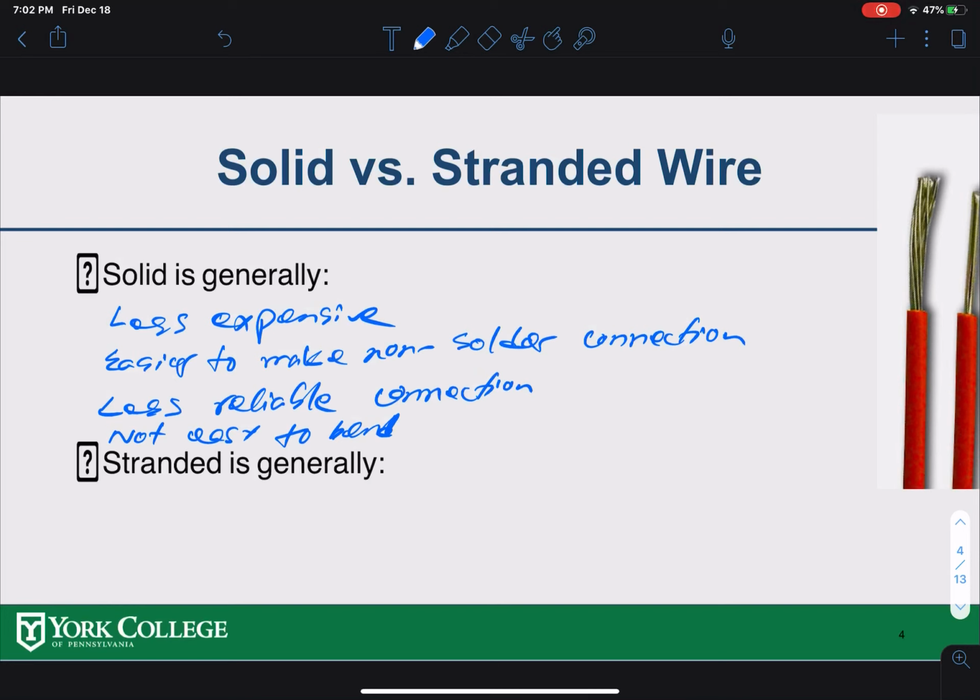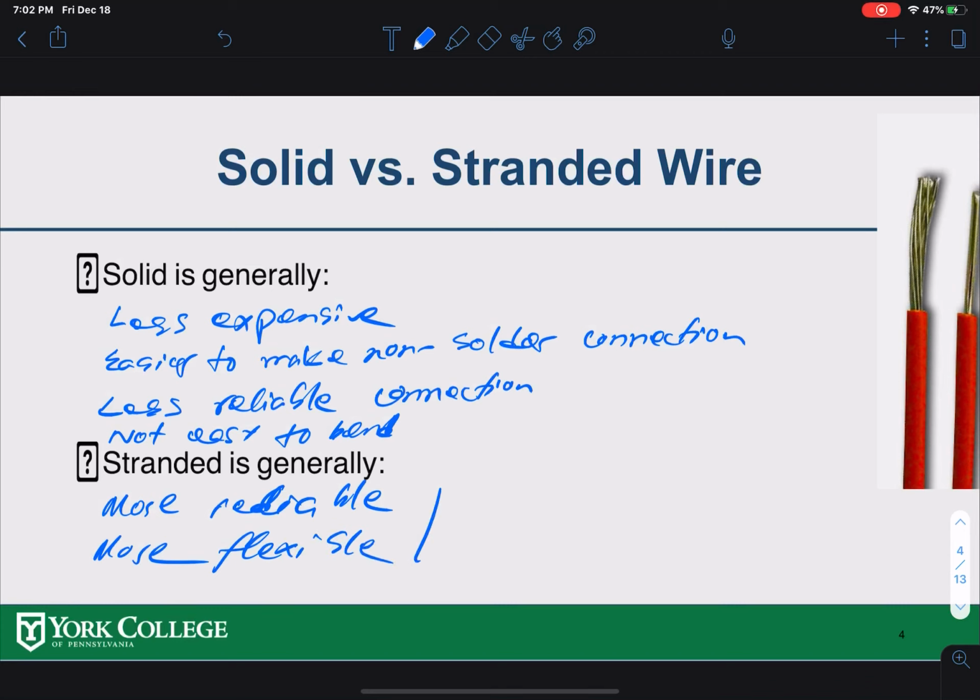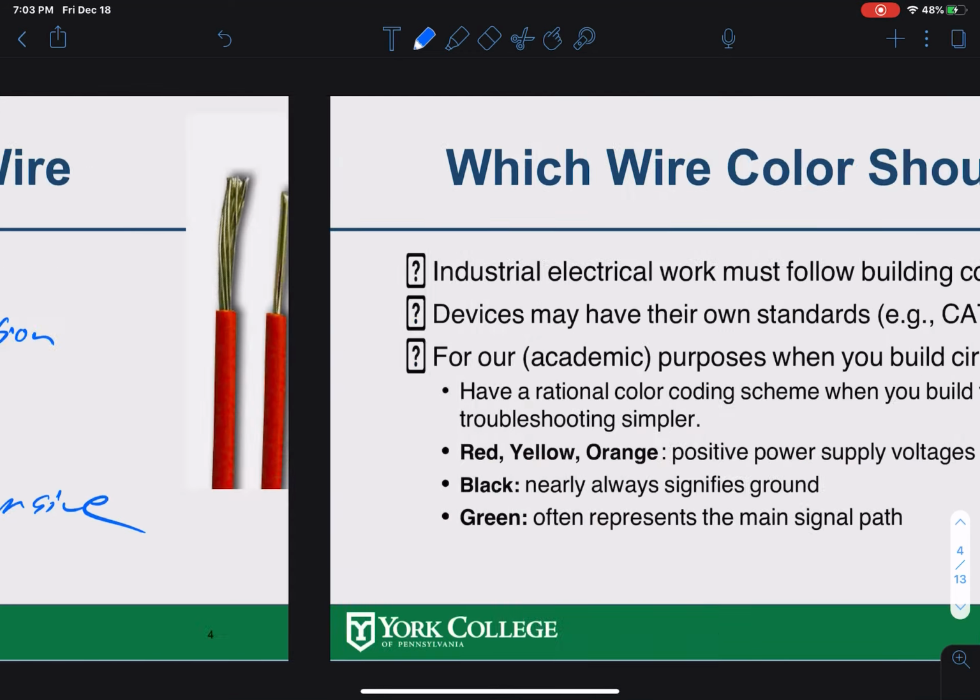Stranded wire is more reliable because of more strands, and more flexible. It's also more expensive. So these are the things between solid and stranded wires you need to think about for your applications.